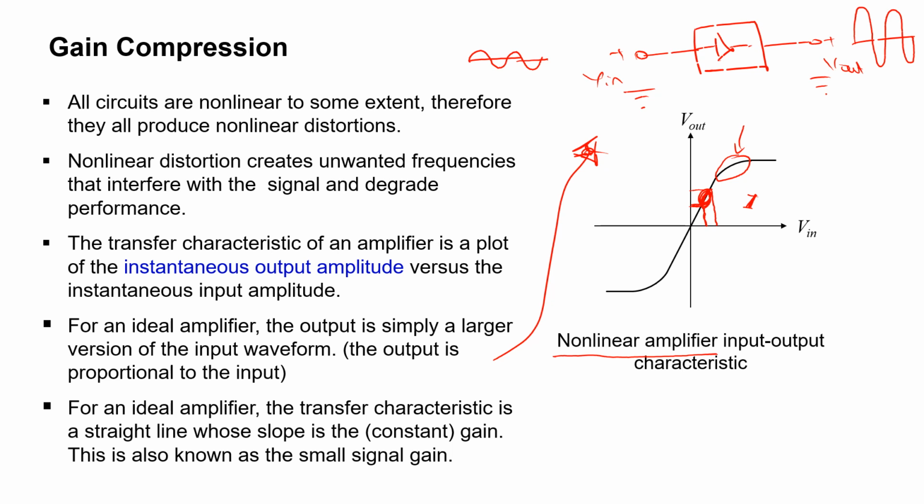So if there is a slope followed by an amplifier's V out versus V in curve, then that slope is the small signal gain. That can be different when the signal goes from a very low value of V in to a very high value of V in. But if I take a chunk of that gain spectrum, then I will have small signal gain.